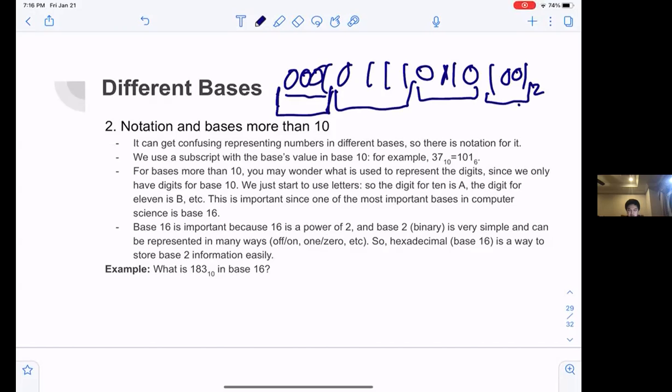So what does this give us? 8 plus 1, 9, right? We just read this in base 2. We don't change it in any way. We just make it a digit. So that would be 2 squared plus 2, which is 6. This would be 7, right? Yeah.